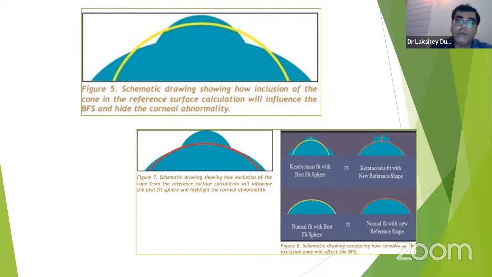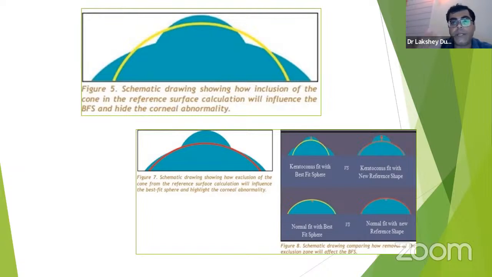So we see the ectatic cornea is only slightly above it, which may be missed. But if we take a best fit sphere, the red one below, which excludes the cone, so that it becomes a little flatter, then the cone becomes more pronounced.